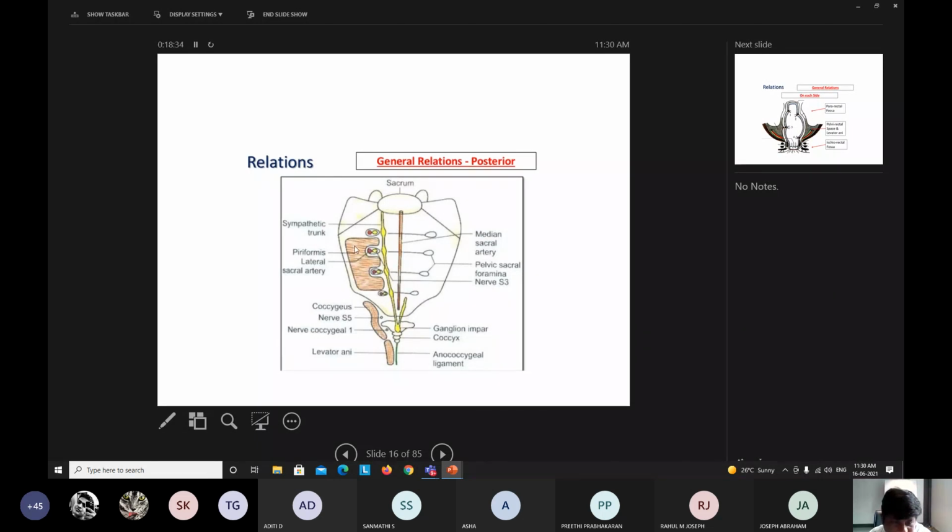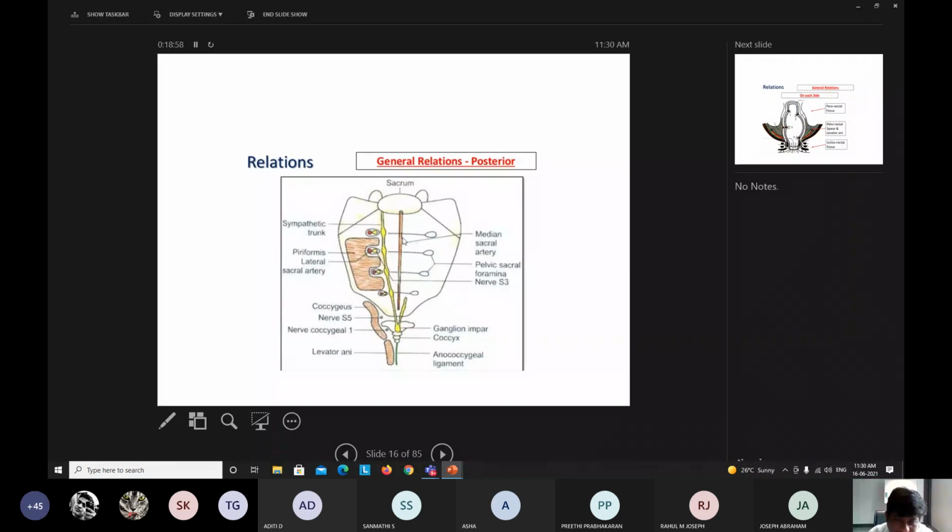Either side you have muscles: piriformis muscle, coccygeus, and then levator muscles. So on the right and left side of the rectum you have piriformis, coccygeus muscle and levator muscles present.